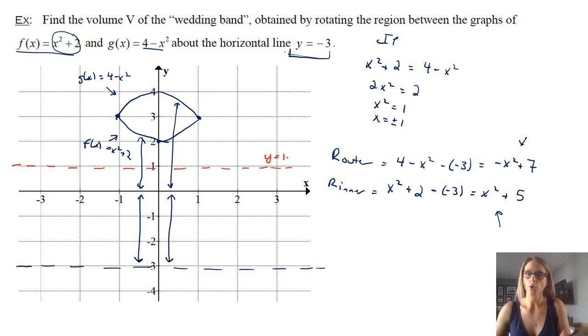So in that case, you would just take your function, say 4 minus x², and you would subtract 1. So I'm subtracting -3, which is what elongates this radius.